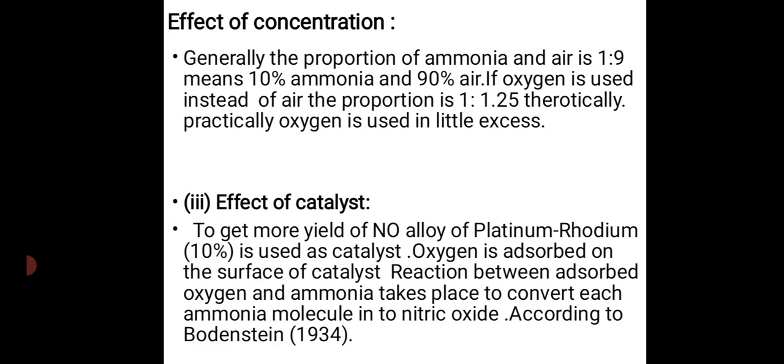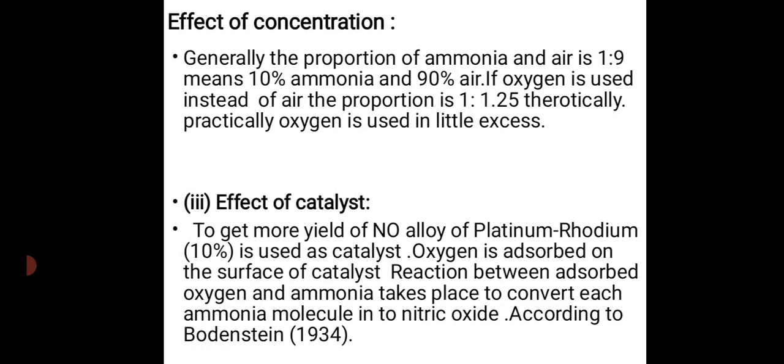Then next, effect of catalyst, the catalytic effect. Here we use the platinum rhodium catalyst. What is a catalyst? A catalyst is a substance which alters the rate of reaction. Here the catalyst is used to increase the rate of reaction.